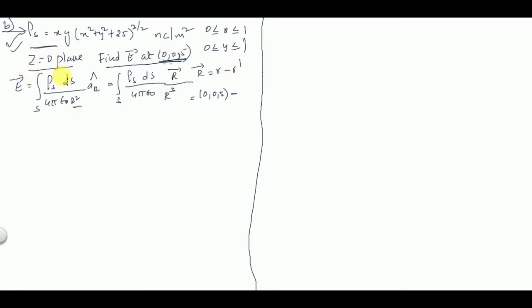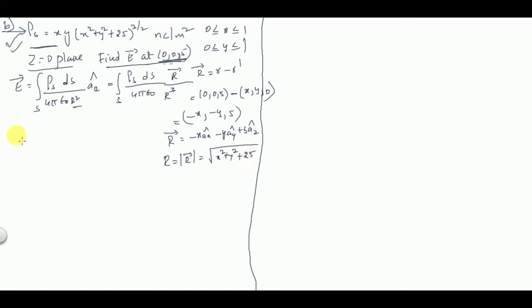Now it is extended in the z equal to 0 plane, so any point on the z equal to 0 plane is of type x, y, 0. So this will be minus x, minus y, 5. In vector form, it will be minus x ax cap minus y ay cap plus 5 az cap. So r, the modulus value, is given by root of x square plus y square plus 25.